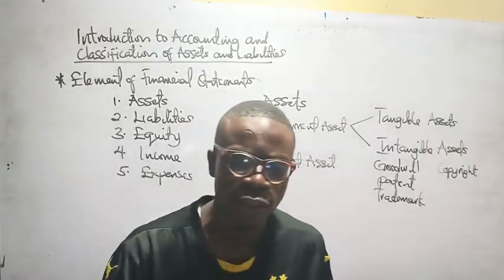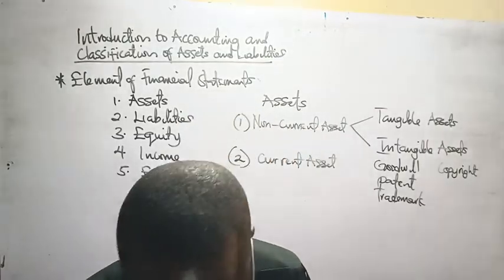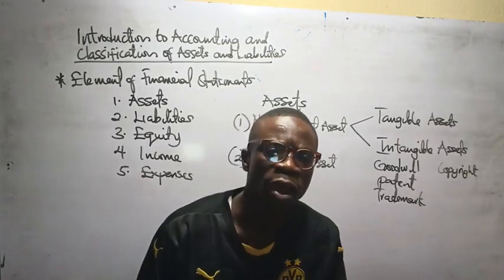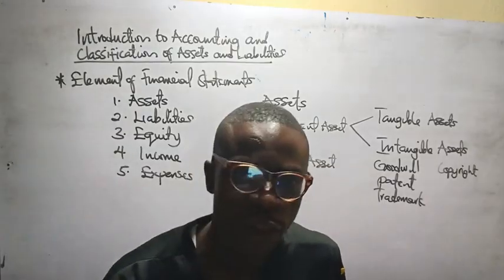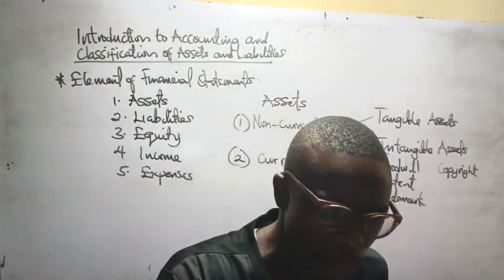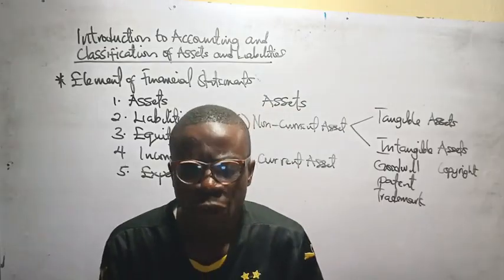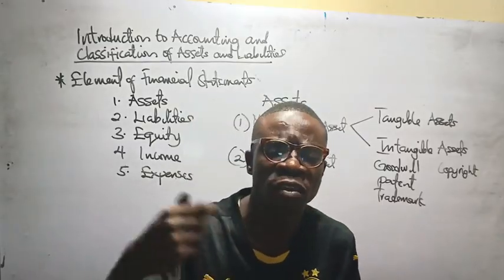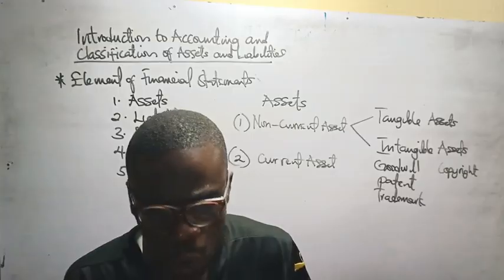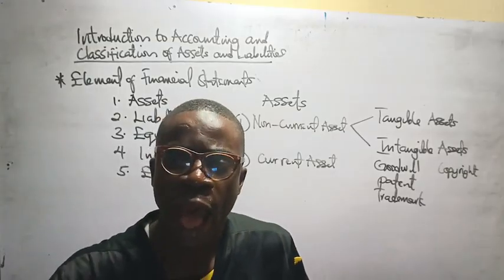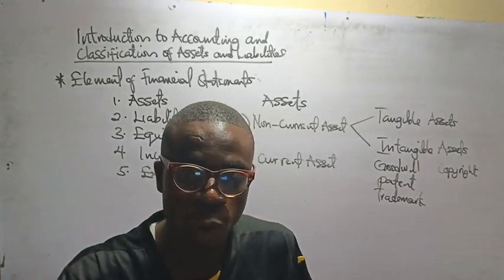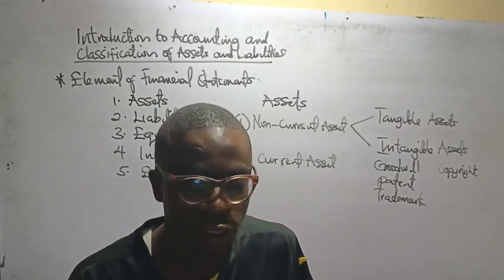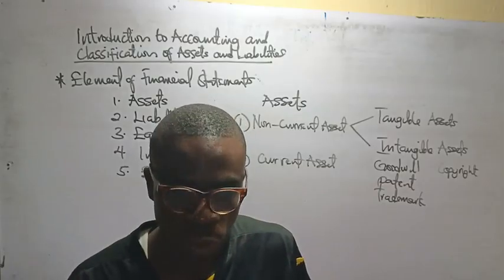When we say it is a present obligation, look at it now. Let's say a company has not employed a particular individual. That individual cannot come to the company and be asking for a salary. As a staff of a company, I cannot write to the company that I need the salary of, let's say, June 2026.